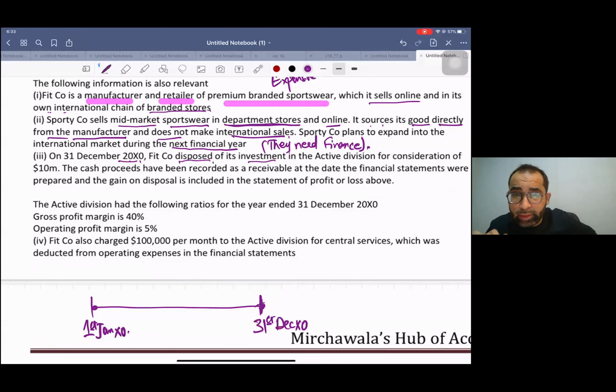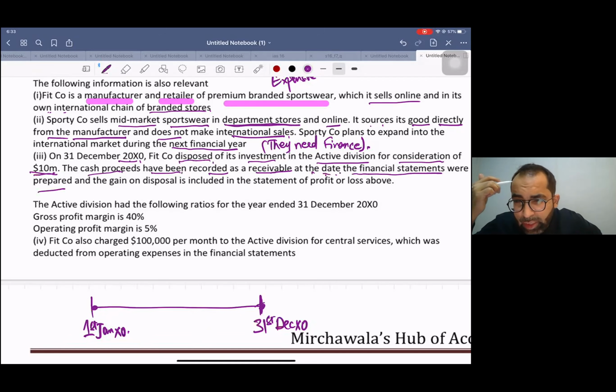Very scoring point, the heart of this question. Fit company disposed of its investment in the Active division. That means they sold their running division Active for consideration of $10 million. The cash proceeds have been recorded as a receivable at the date the financial statements were prepared.